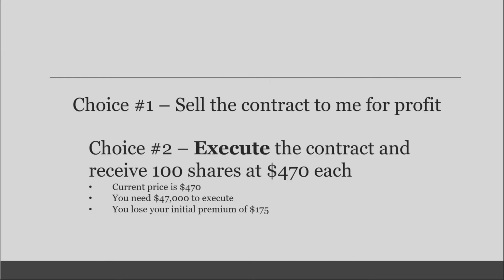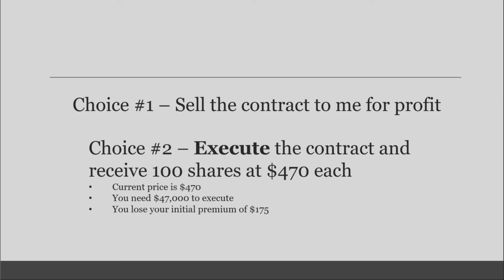At this point in time, you would have two choices. You can either sell the contract to me and guarantee yourself a $75 profit, or you can choose to execute the contract. Remember, if you execute, you will receive 100 shares at your strike price, being $470 each.